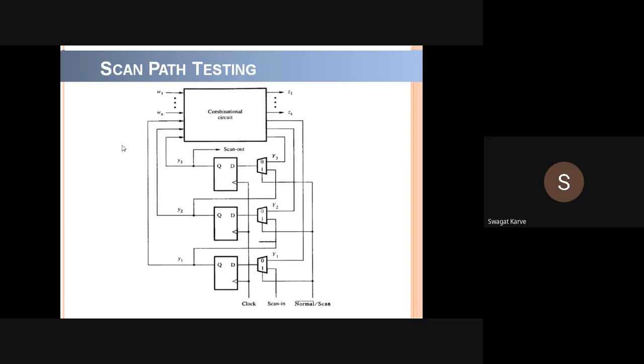Are you aware about that JTAG port, right? Nowadays many boards, microprocessor, microcontroller, FPGA boards have that built-in JTAG port. So are you aware of that?